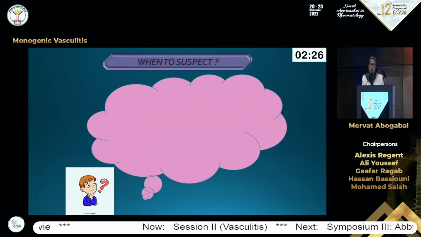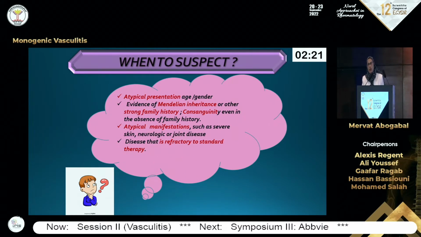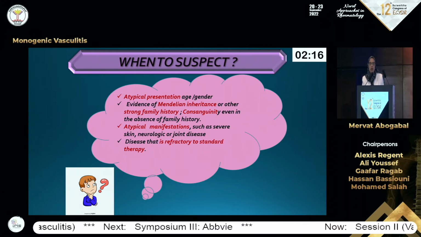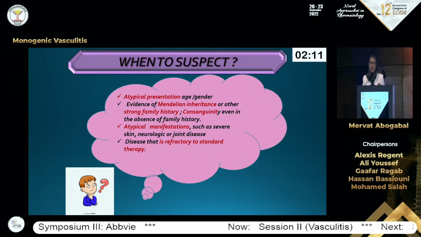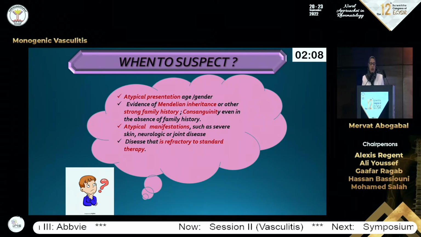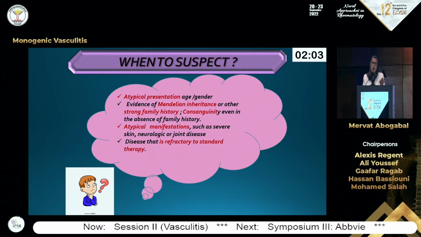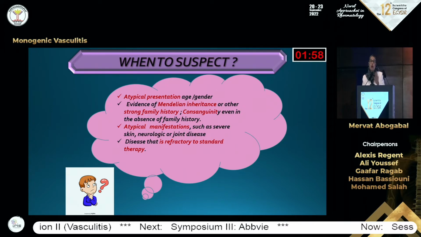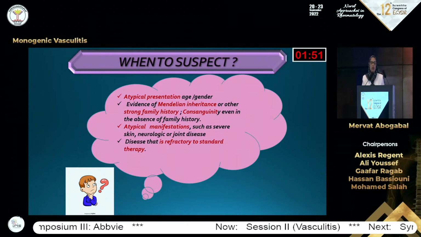The most important question now is when to suspect the presence of a monogenic variant of disease, especially in vasculitis. This must occur when there is an atypical presentation regarding age or gender, when there is a strong family history, strict Mendelian inheritance or consanguinity in the family, when there is a typical manifestation like a picture of polyarteritis nodosa and necrotizing vasculitis but with early stroke and positive family history, or with associated glomerulonephritis, which is not characteristic of polyarteritis nodosa.